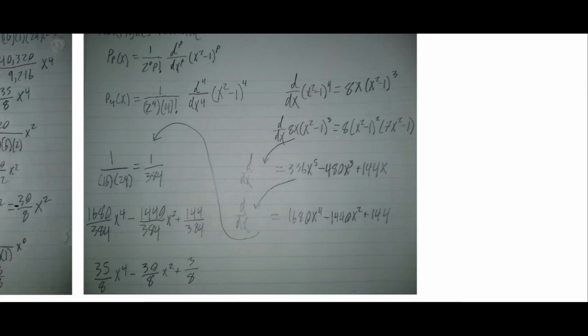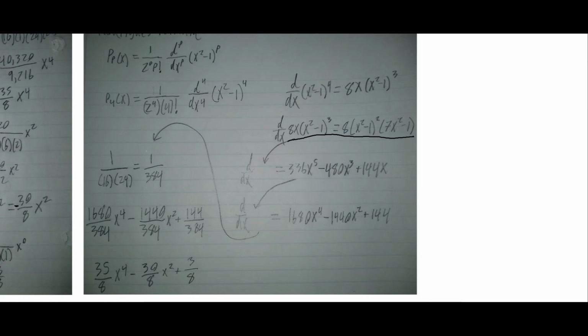I brought this whole thing here, so I should have extended that arrow down to avoid writing it all again. I took the derivative of that, and that gave me 336x to the fifth minus 480x to the third plus 144x. Then I took the derivative of that, which gives us the fourth derivative: 1680x to the fourth minus 1440x squared plus 144.